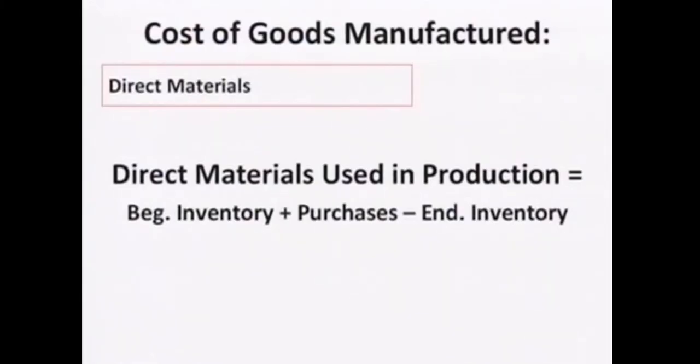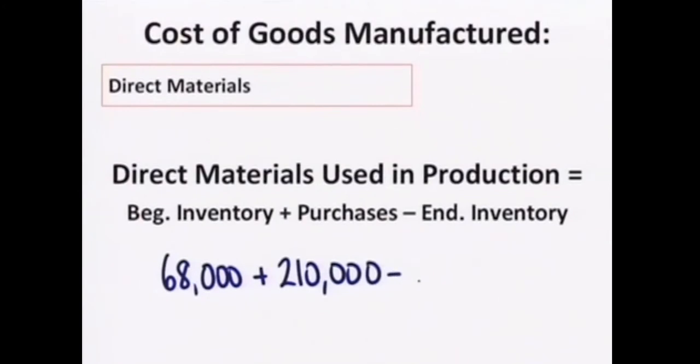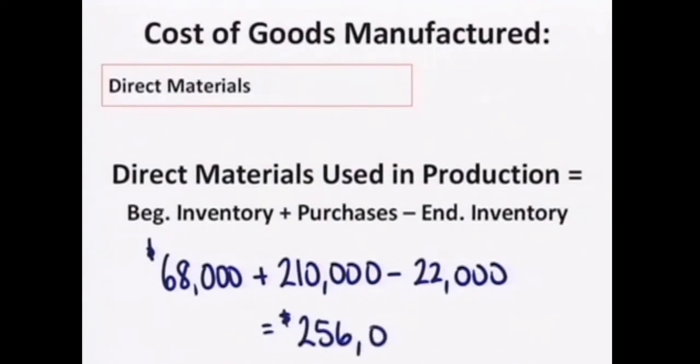Direct materials used in production for Blue Denim Company is $256,000. Again, this can be calculated as adding beginning inventory of $68,000 plus purchases of $210,000 minus ending inventory of $22,000. Direct materials used in production is equal to $256,000.